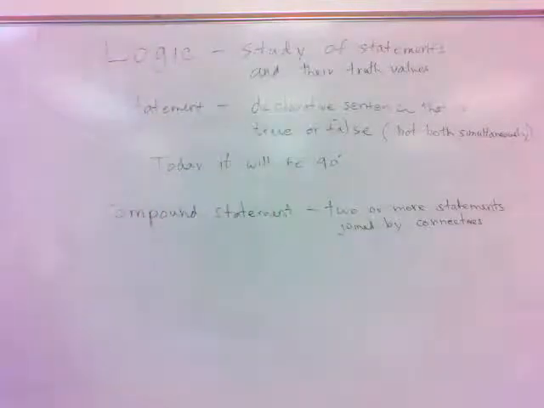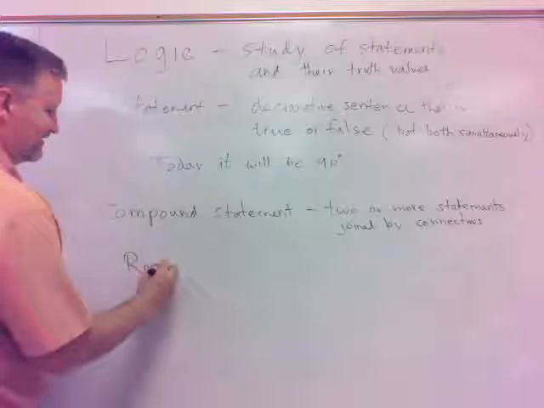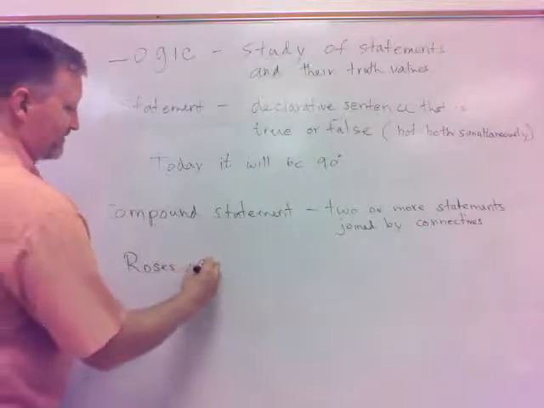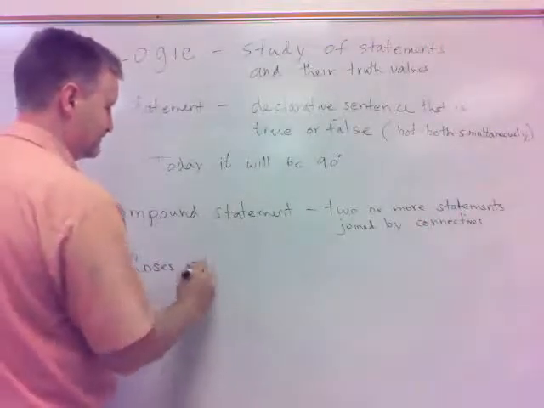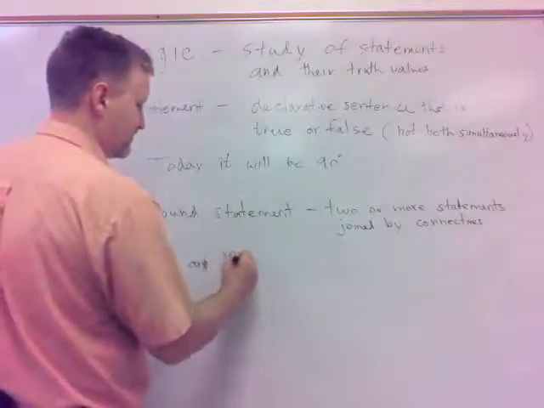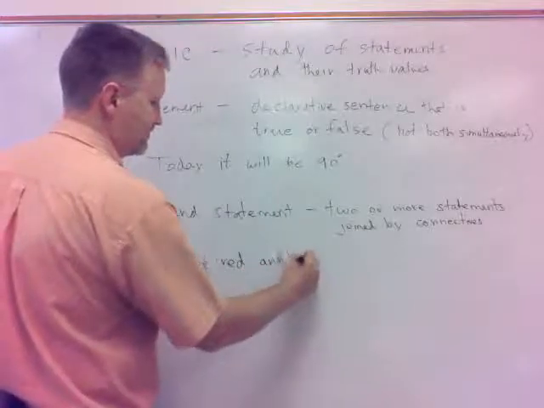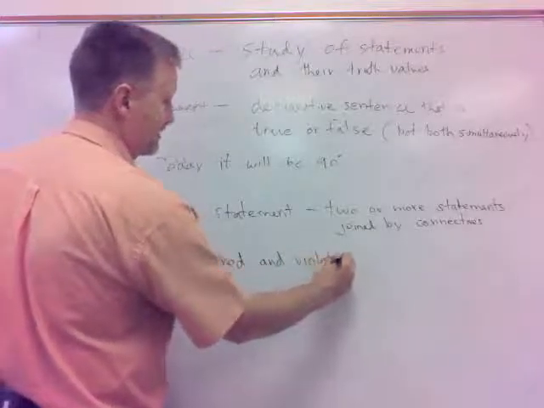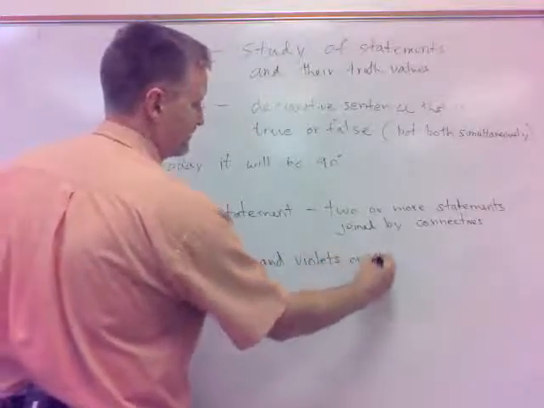A real good example of that would be the famous statement, roses are red and violets are blue. Well, that's two statements, isn't it? Roses are red, and violets are blue.